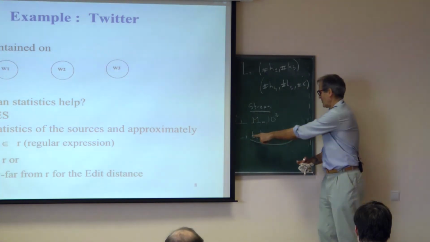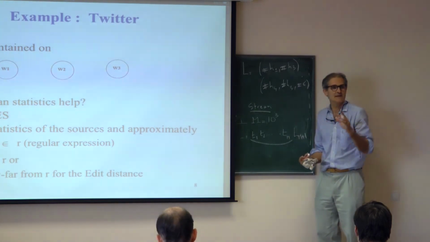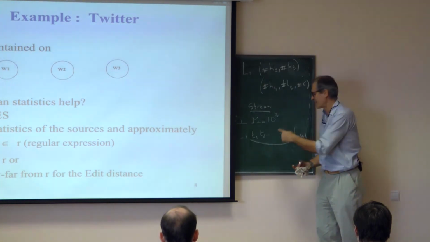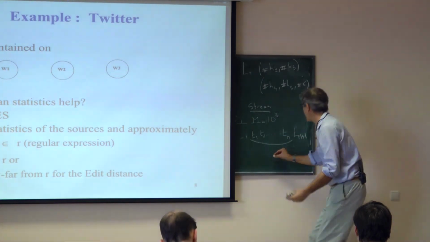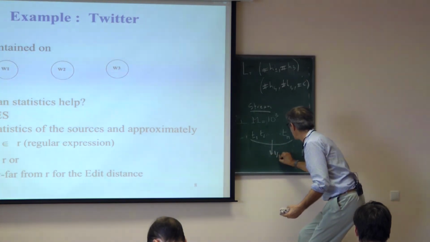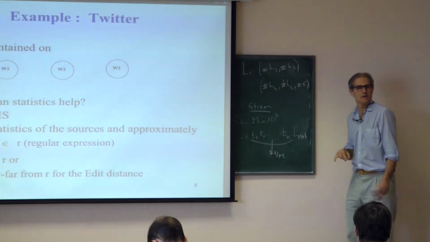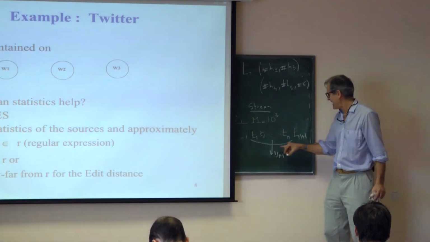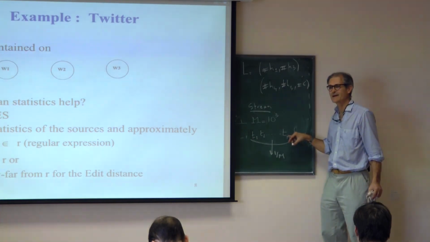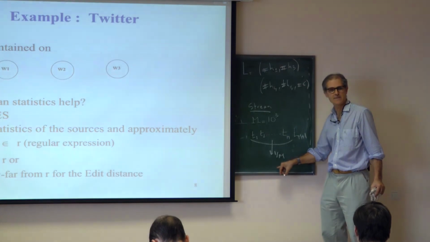Now kicking one of these with probability is easier because I'll do it uniformly. If I decide to have this one enter, then I kick one of those randomly with probability 1 over m.